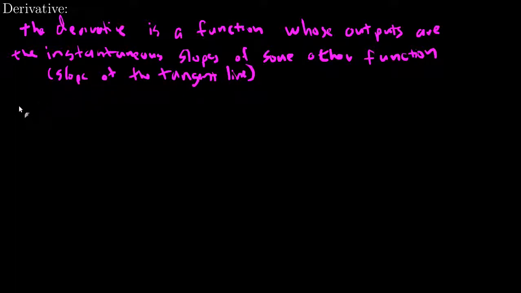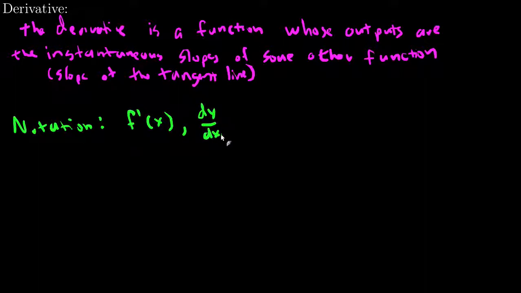Okay, instantaneous slope. Now, the derivative function, so notation for this, can be written a couple of ways. If our original function was f, I can write the derivative function as f prime of x. If our original function was y, I can write something like dy dx. I could write the derivative of the f function as df dx.